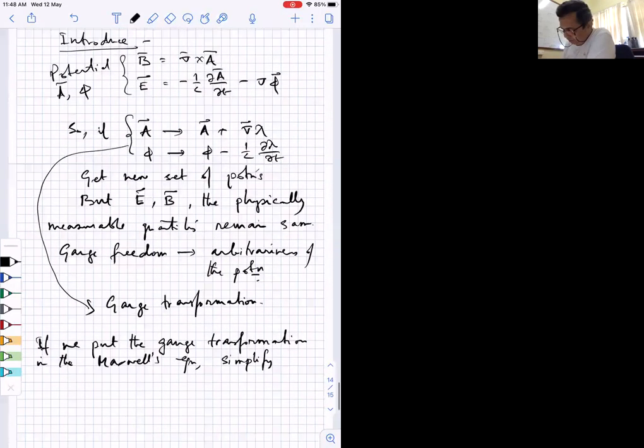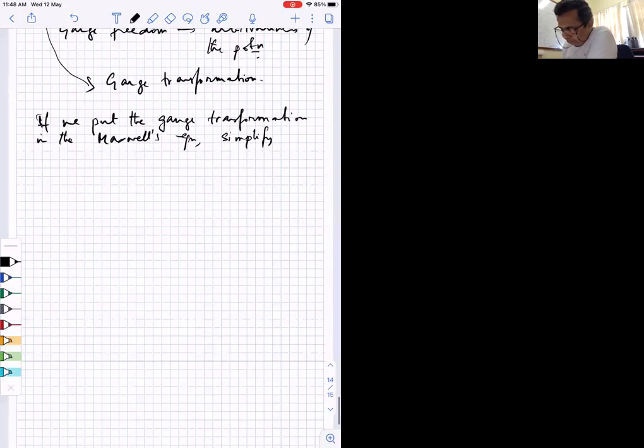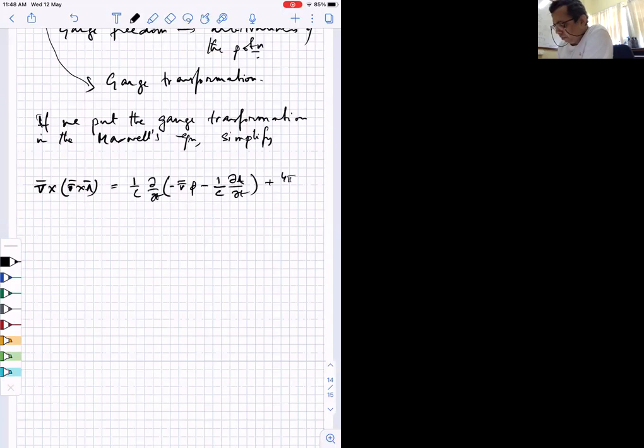So you have curl of curl of A, this is the curl of B. Then your E will be in terms of your A and phi. So 1 by c del t of minus grad phi minus 1 by c del A del t, plus 4 pi by c J. This was the first equation.